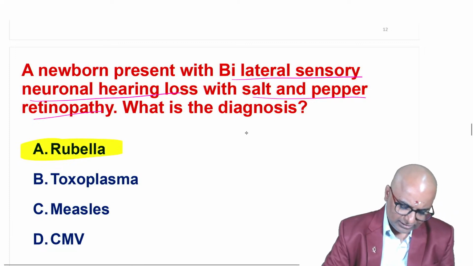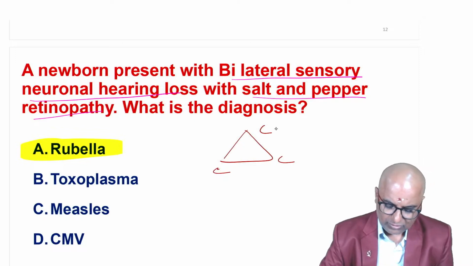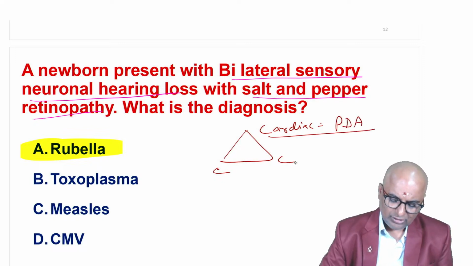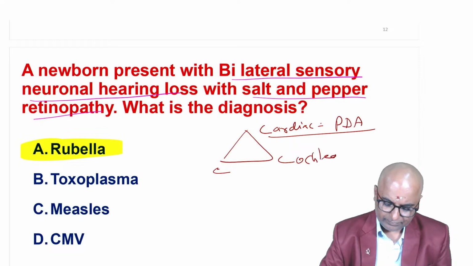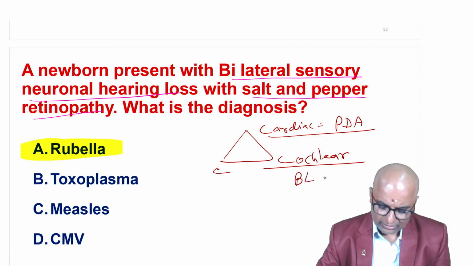I used to teach like this, CCC. Cardiac defect: mainly we have patent ductus arteriosus. Cochlear defect: we have bilateral sensorineural hearing loss.